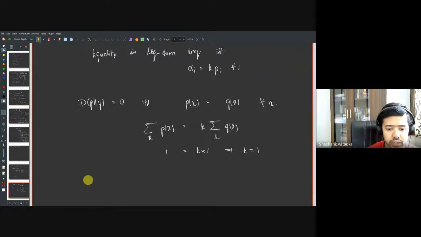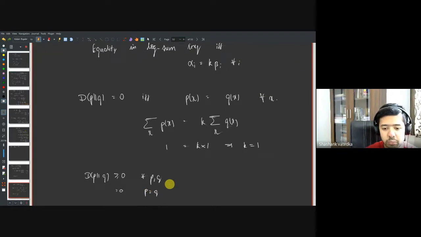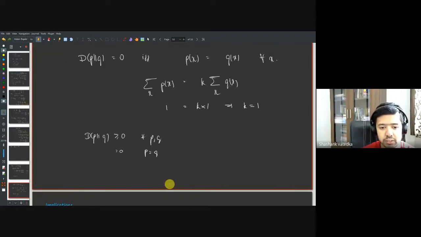We've seen that D(P||Q) is greater than or equal to 0 for all P, Q, equal to 0 only if P equal to Q, but it is not like the Euclidean distance. Can you say what property the Euclidean distance would satisfy, but the KL divergence does not satisfy?